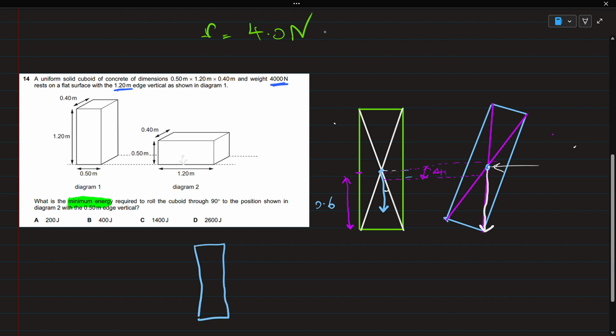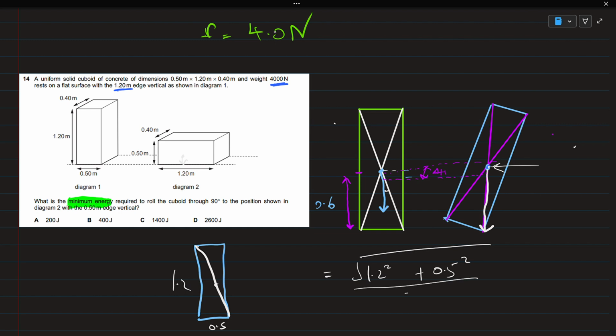So we're finding this diagonal, and we're finding the midpoint of that. We have 1.2, we have 0.5. We can use Pythagorean theorem: square root of 1.2 squared plus 0.5 squared, all divided by 2, and that will give us the height from here to here.